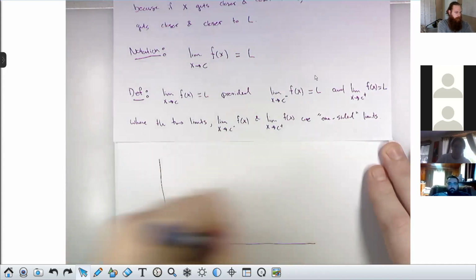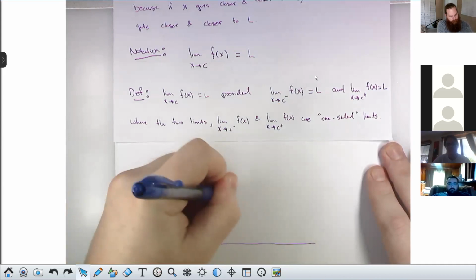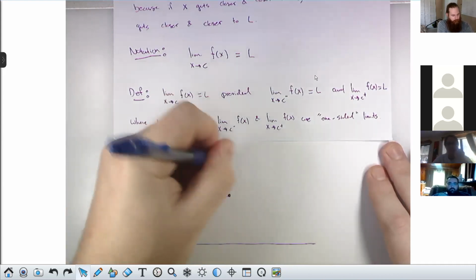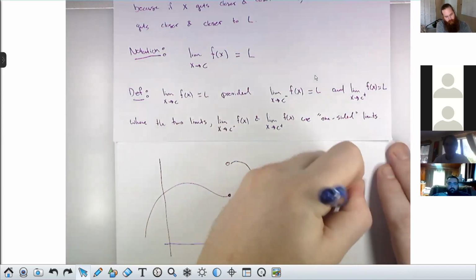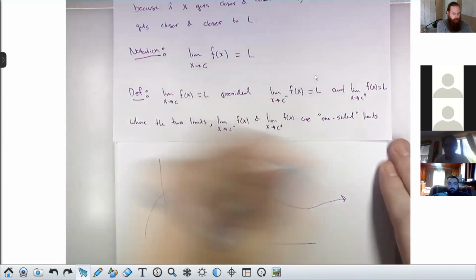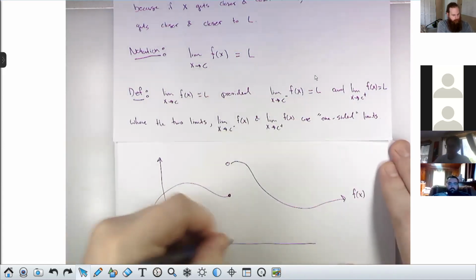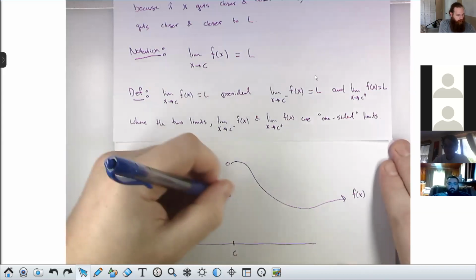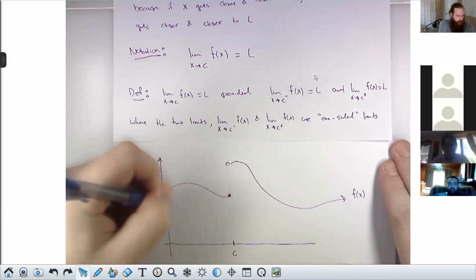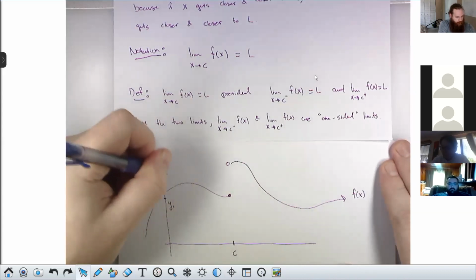So let's look at some one-sided limits. Maybe I have something like this up here. So here's my function f of x. Here's C. And I'll call the height here y1, and I'll call the height here y2.